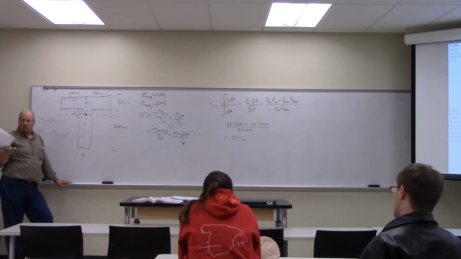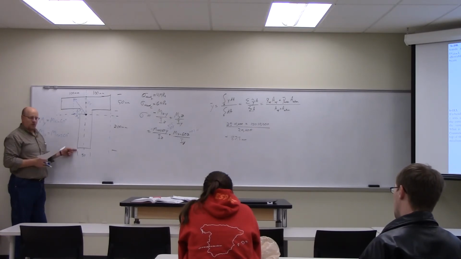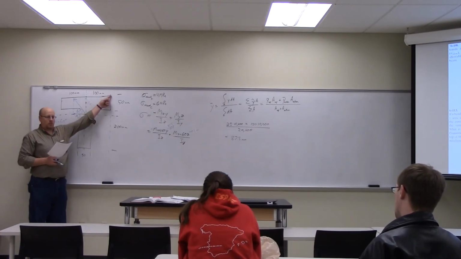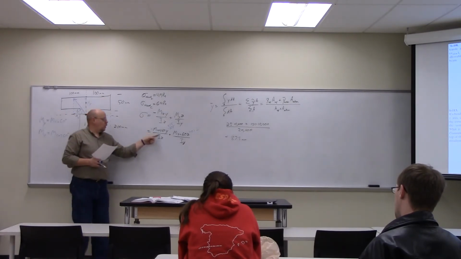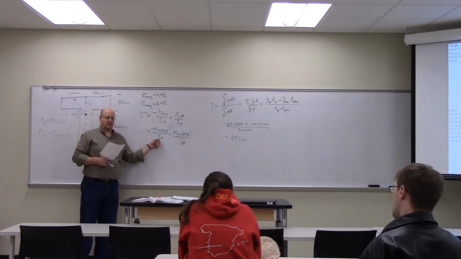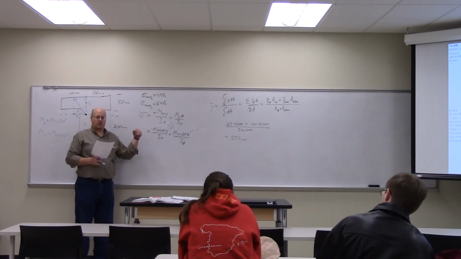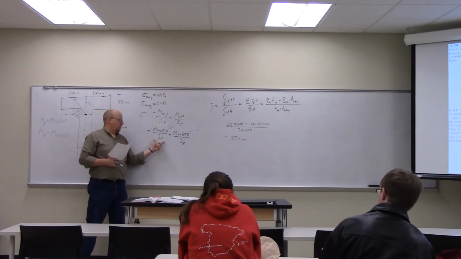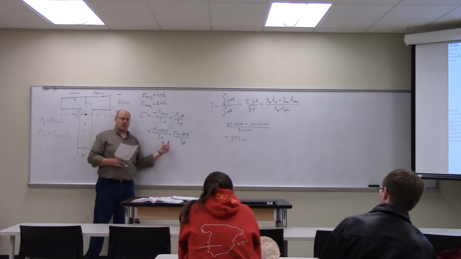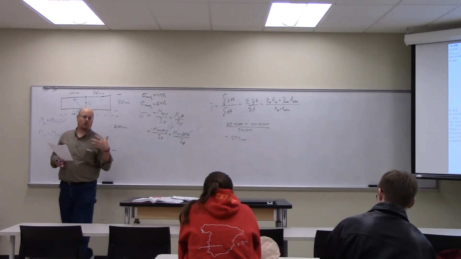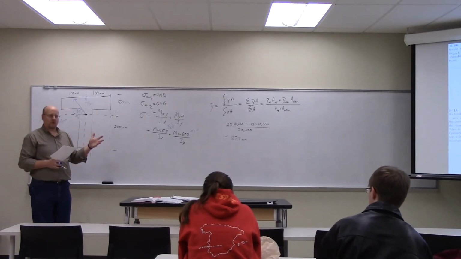Which one is in tension, which one's in compression? The bottom one's in tension, the top one's in compression. But we don't know the relative effects of these two pieces. So we can't automatically say it's going to fail in tension first. We don't know the effects of the moment and the inertias to be able to say which one's going to be compressing and which one is tensile.